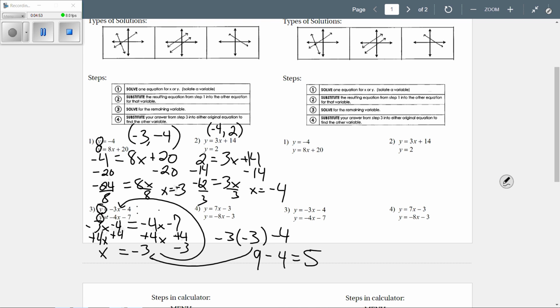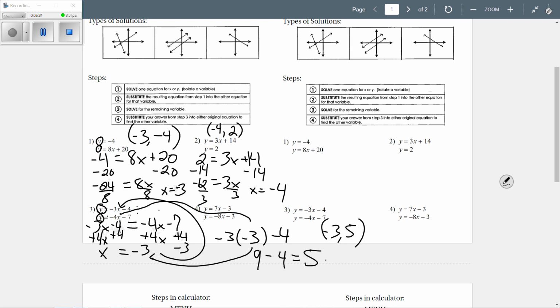The way you check to make sure that answer is correct is you can just take -3 and plug it back into the second equation, just to make sure you did it right. -4 times -3 is a positive 12. Positive 12 minus 7 is also 5. So we know that is correct. So our final coordinate is -3, comma, 5. And we are done.